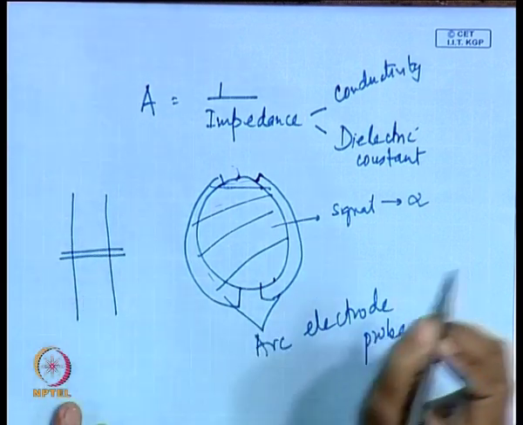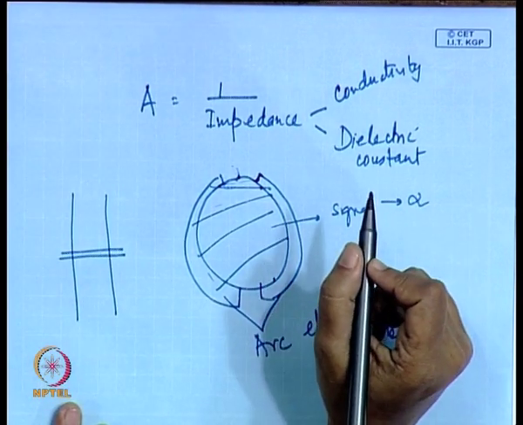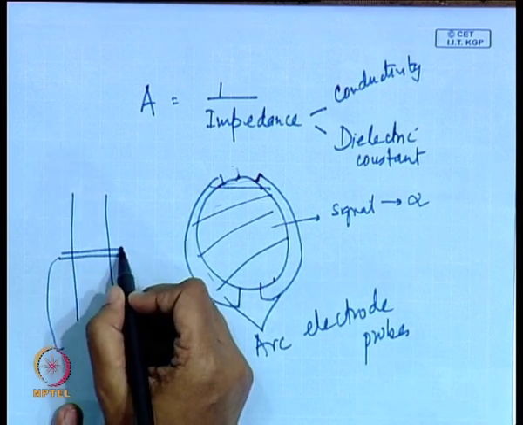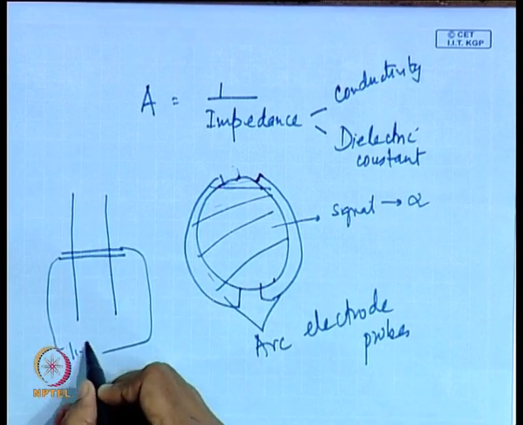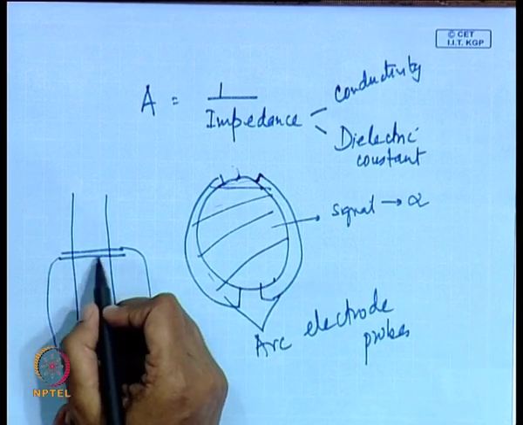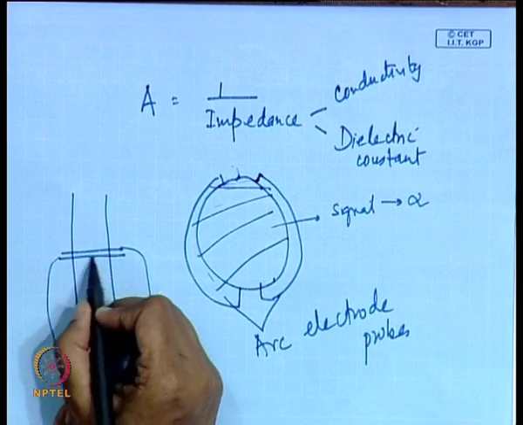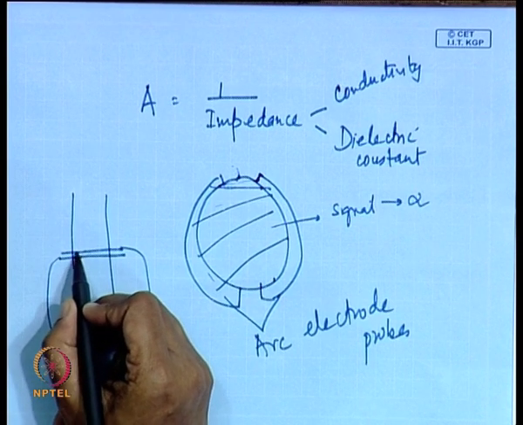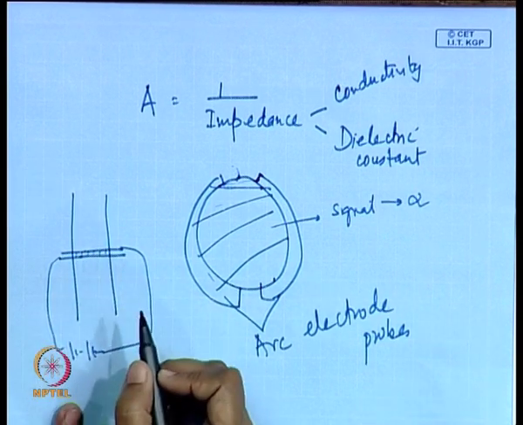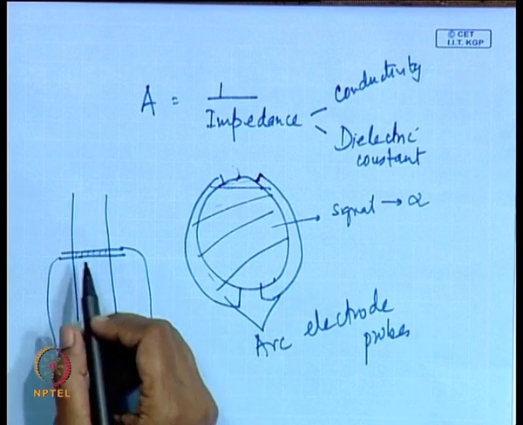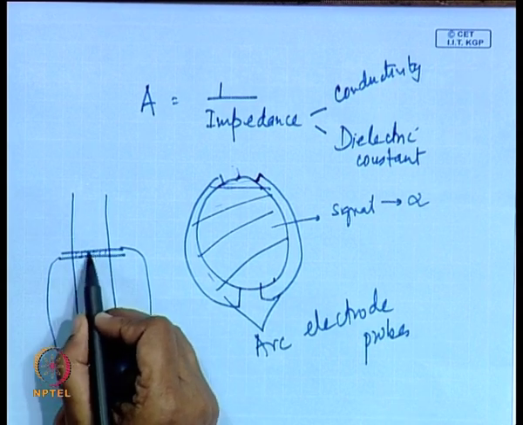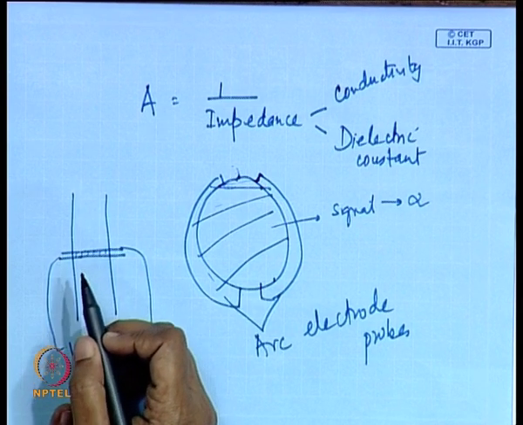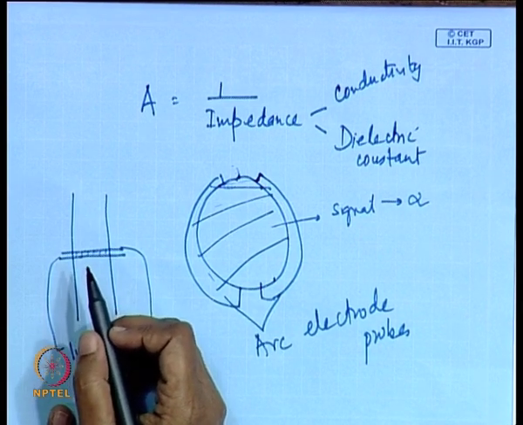take two wires very closely spaced, and then they can be connected to a circuit. Since the wires are very closely spaced, the electrical path from one wire to the other goes through the space between them. Depending upon the conductivity of the two phase mixture there, we can get an idea about the chordal average void fraction.